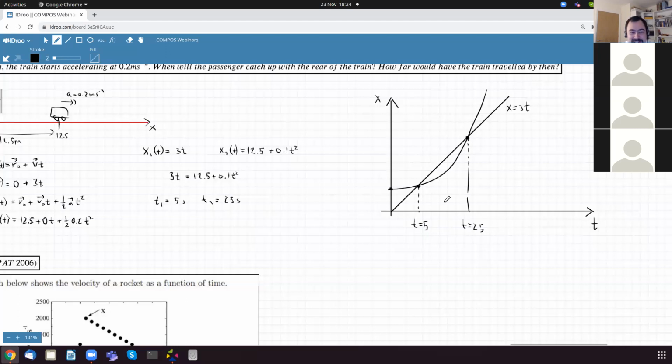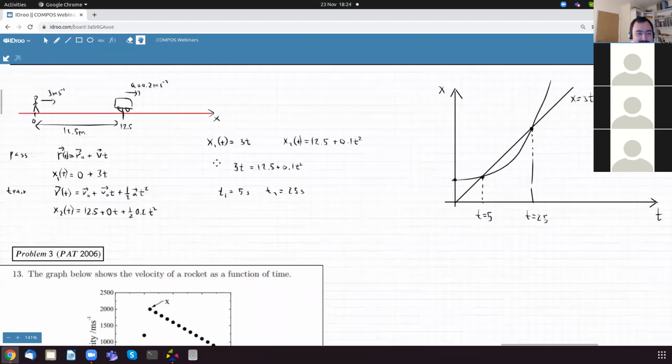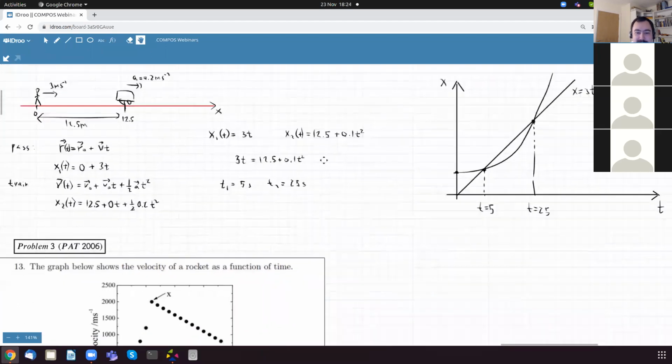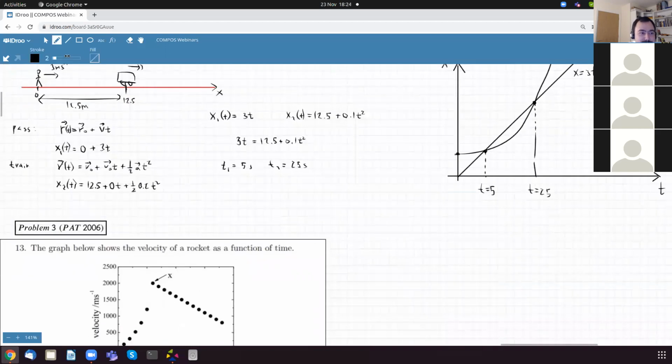It will be moving twice as fast as you, so it would definitely be unsafe. This is the first time the passenger runs past the train, and then the train catches up again. So obviously the second answer doesn't make any sense.